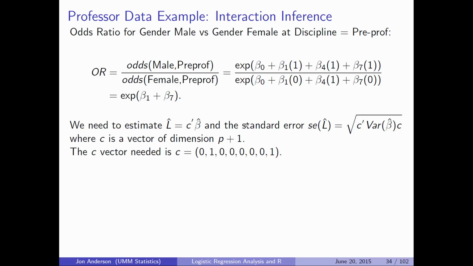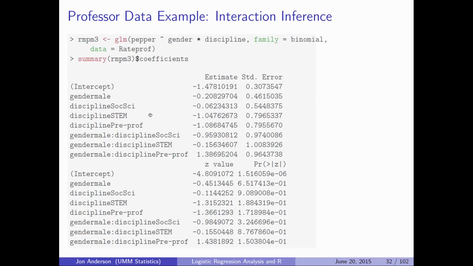That means that in our model, we need to specify the coefficients for male faculty, pre-professional. Remember, the coefficient arrangement was intercept, male faculty, and then a discipline indicator for social science, for STEM science fields, for pre-professional, and then interactions between them.